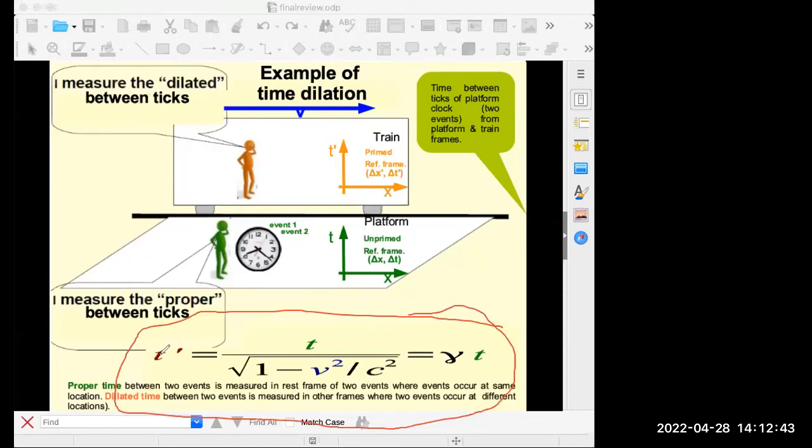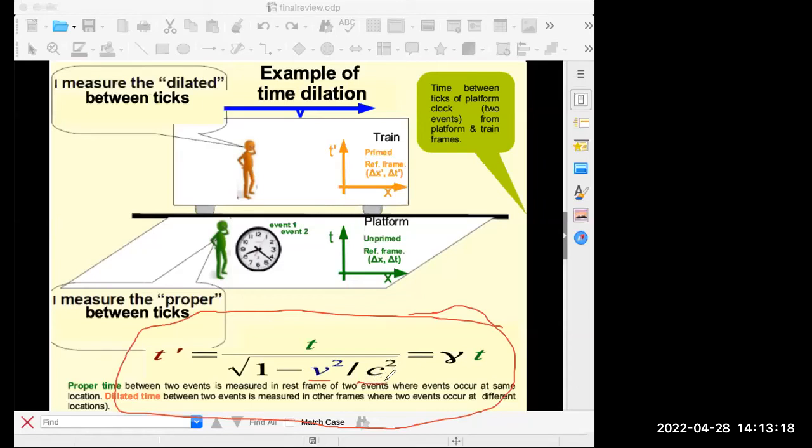Over here on the left is the time between ticks observed by the passenger looking at the station clock. And over here on the right in green is the time between ticks observed by the pedestrian seeing the stationary clock. The time between ticks is slightly longer for the passenger and slightly shorter for the pedestrian. It depends on the motion of the passenger with respect to the pedestrian. That's the V here, that motion compared to the speed of light.